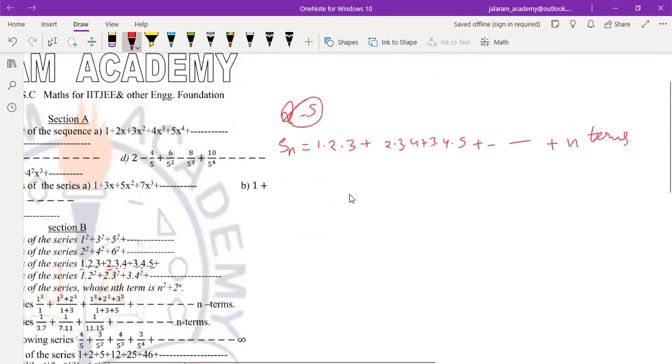So how to find an? An means the nth term. So what will be the nth term of the given sequence? Look at the first term of these products: 1, 2, 3 and so on. What should be the nth term of this series 1, 2, 3?